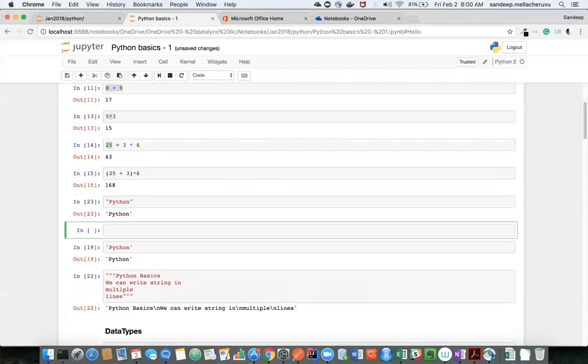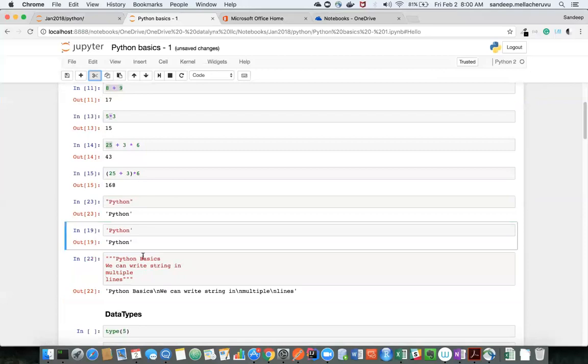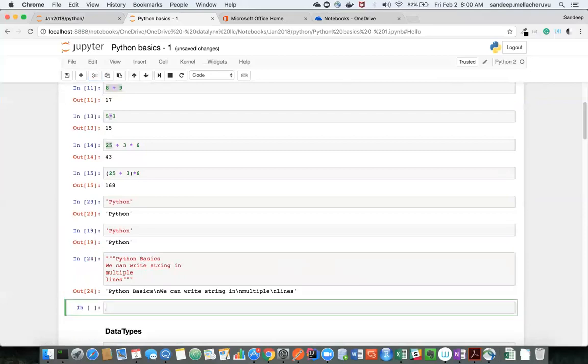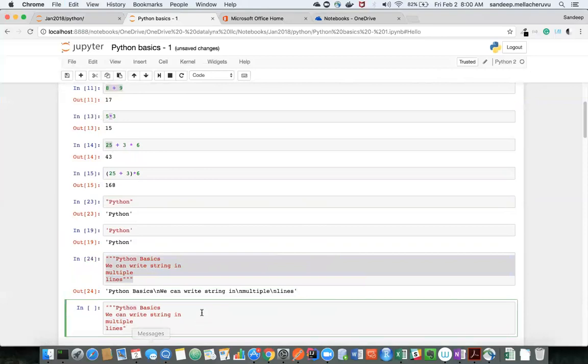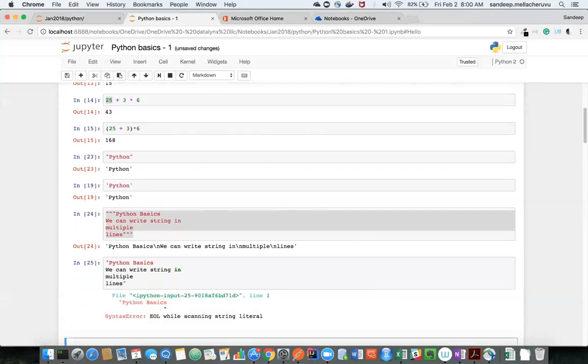But if you use the same thing, let me show you here. Alt enter. If I do alt enter, I'll get another cell. Instead of using double quotes, if I do single quote, what happens? If I do shift enter again, it will fail. It is saying end of line while scanning the string.